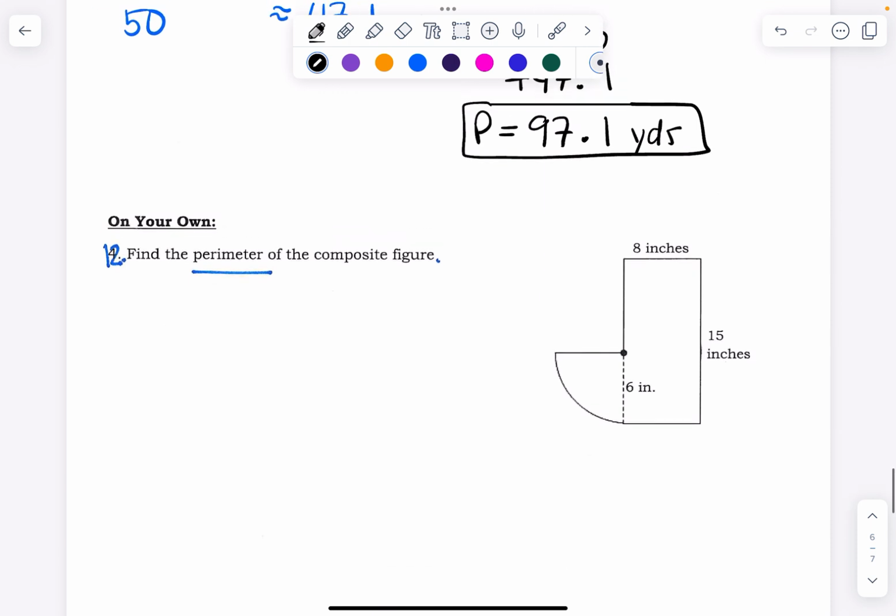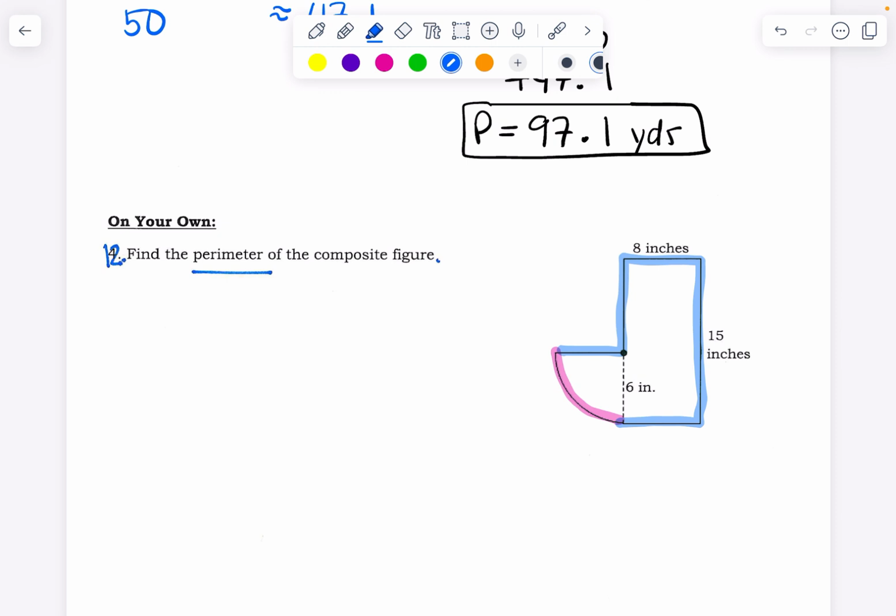Okay, last but not least. This is my quarter of a circle, and then this would be everything else. Okay, hold on. Let me highlight in blue. Let's use logic and common sense. If the top is 8, that means the bottom is 8.